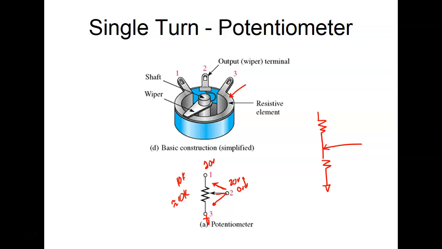By the way, we can take the pot and we can take the wiper and connect it to one side, and this acts like a rheostat. You'll see this done a lot.